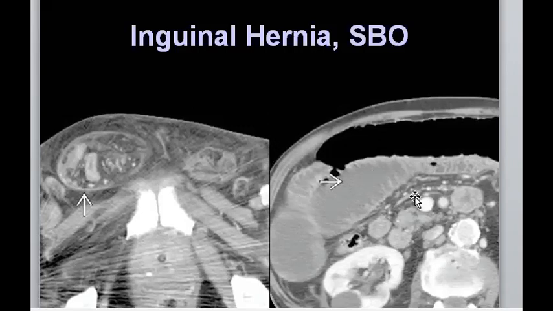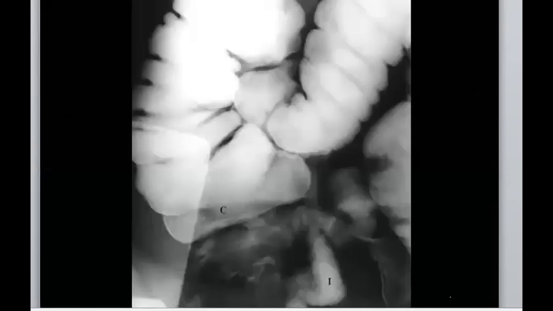It was a small bowel obstruction and the inguinal hernia was down. If you don't scroll down, you will not find the cause. And really it's critical. In the exam, they show you multiple sequences, multiple phases and multiple series. So you should be quick in your scrolling, okay? Quick and accurate.